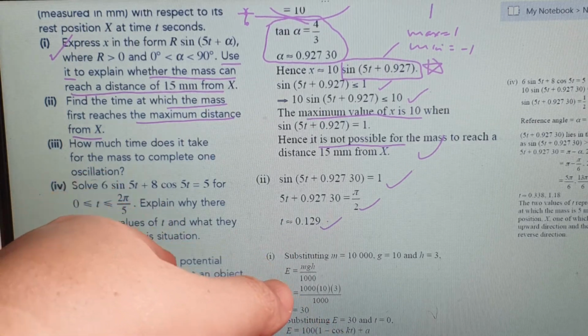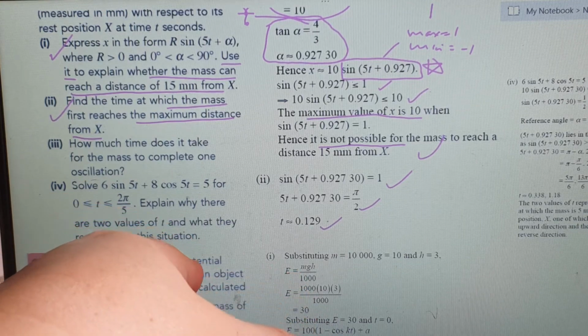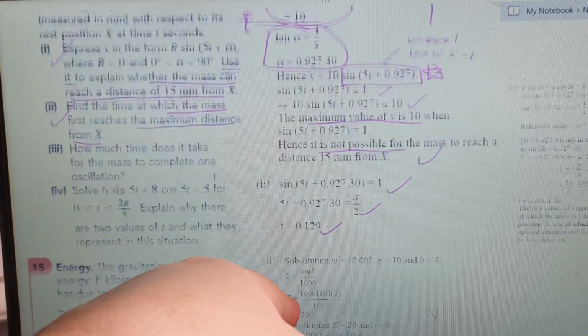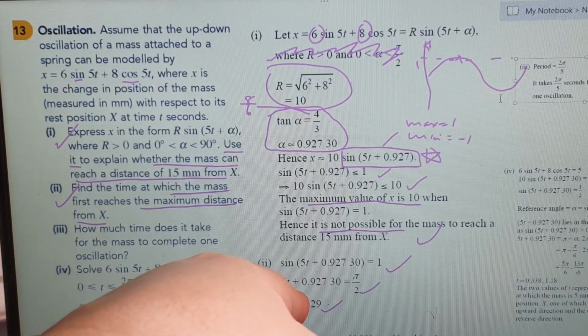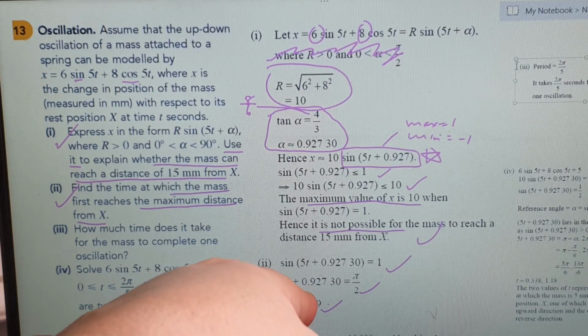Okay, now how much time does it take to make one full oscillation?